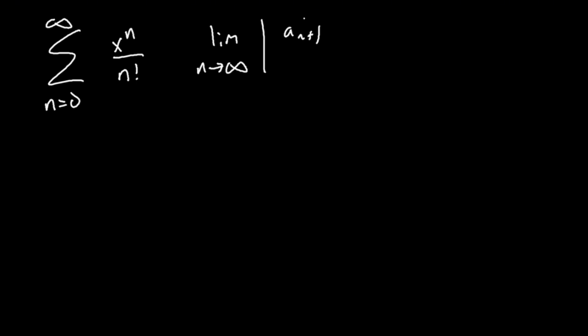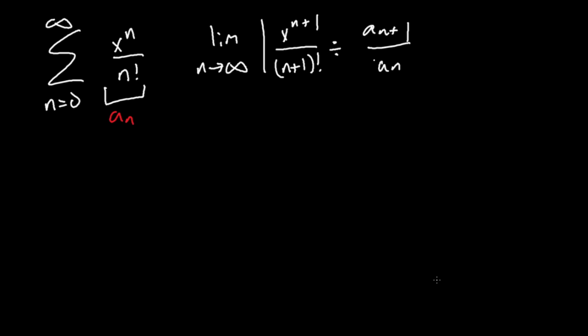So a of n plus 1 is x to the n plus 1 over n plus 1 factorial, divided by a of n, which is simply x to the n over n factorial. This is our original a of n function.